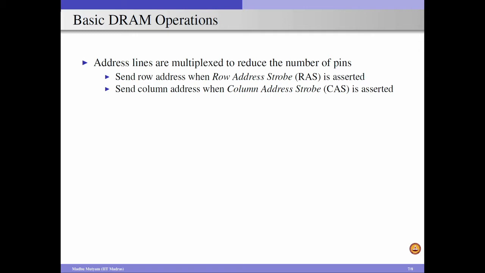The same address lines are used to perform multiple operations. One is to access a particular row, and we use the same address lines to send the column address. So effectively, we consider the address in 2 parts.